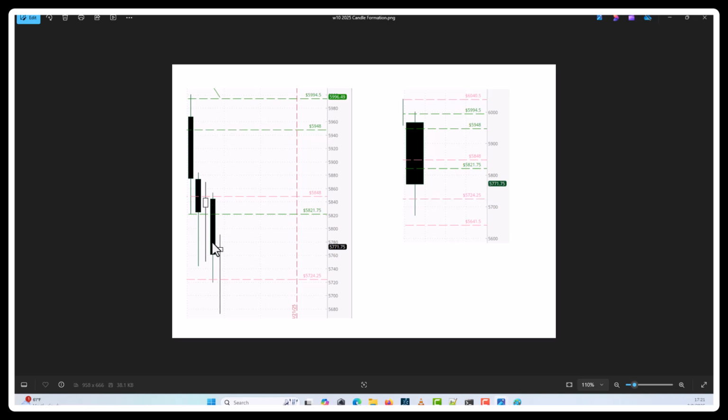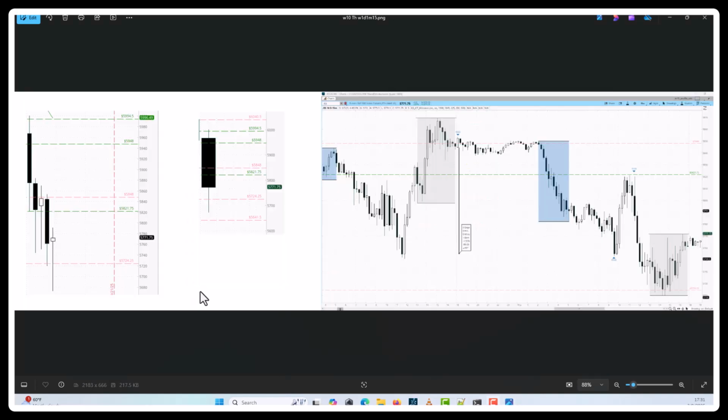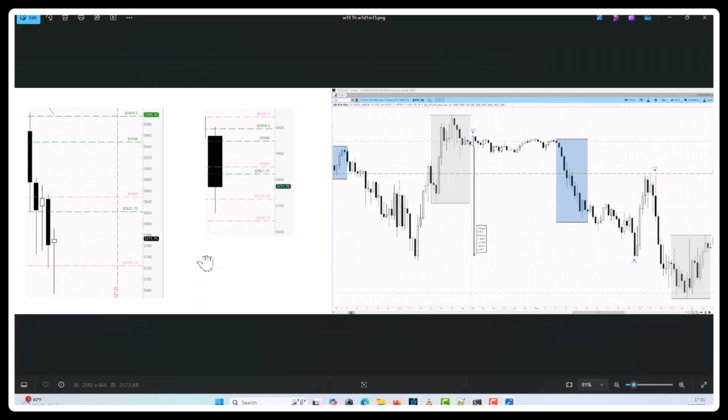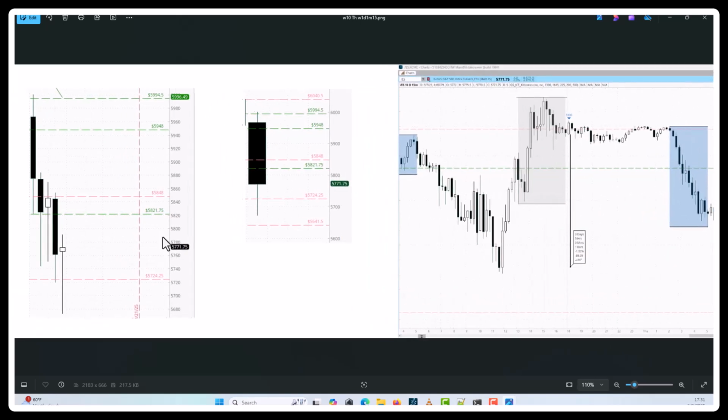So we want to see how it differs in the 15-minute time frame between this Thursday and last Thursday. So here's how we see how we got from the weekly. We can see how its formation manifests itself on the daily. You see the daily right there.